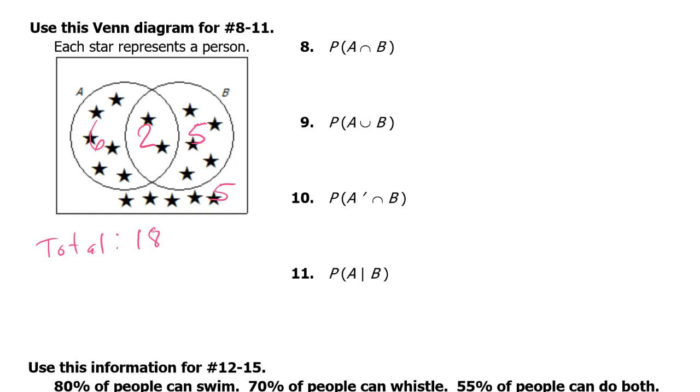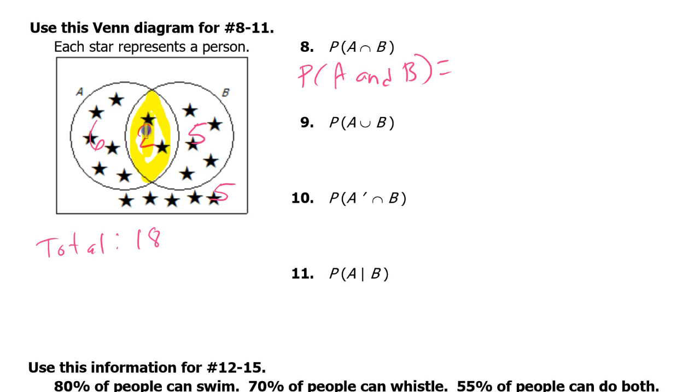Okay, so if we want the probability of A and B, okay, so we're looking for the probability of A and B. So the target is the overlap in this case.